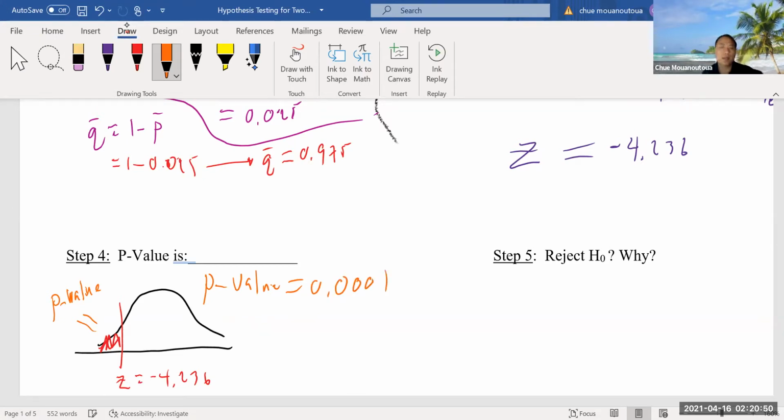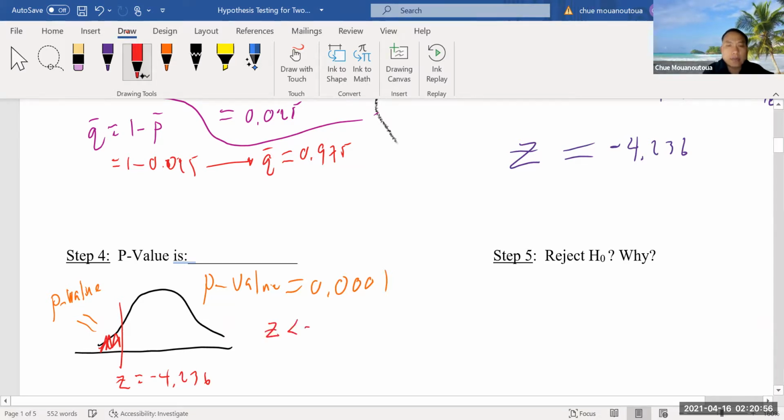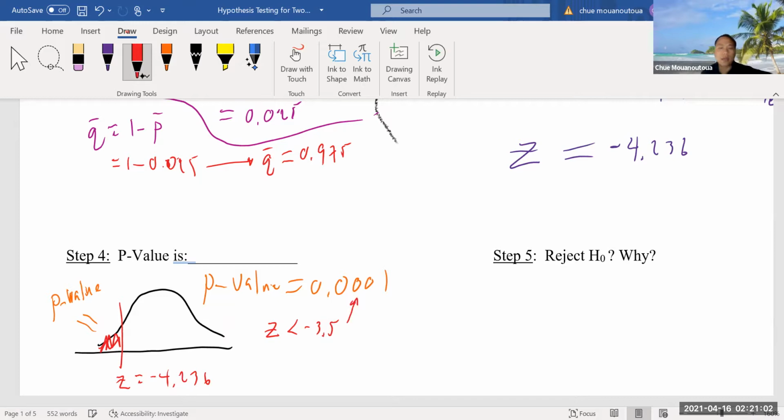The p-value then will be 0.0001. This is when the Z is less than negative 3.5, right? Because our Z in this case is beyond that.